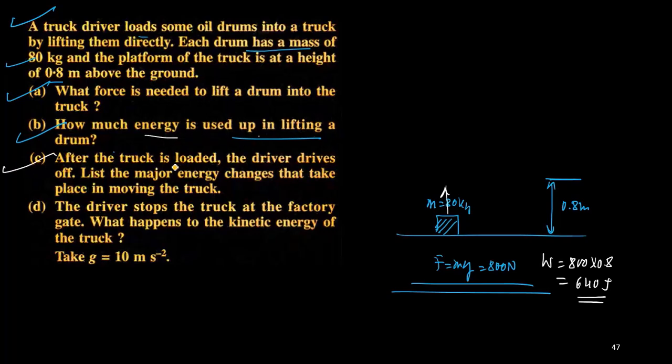After the truck is loaded, the driver drives off. These are the major energy changes that take place in moving the truck. Once I'm lifting, the potential energy is being increased. So the potential energy of the drum will increase once I lift the load onto the truck itself.